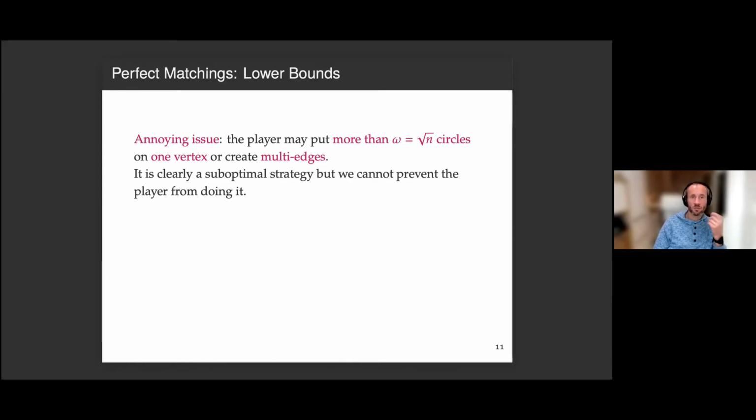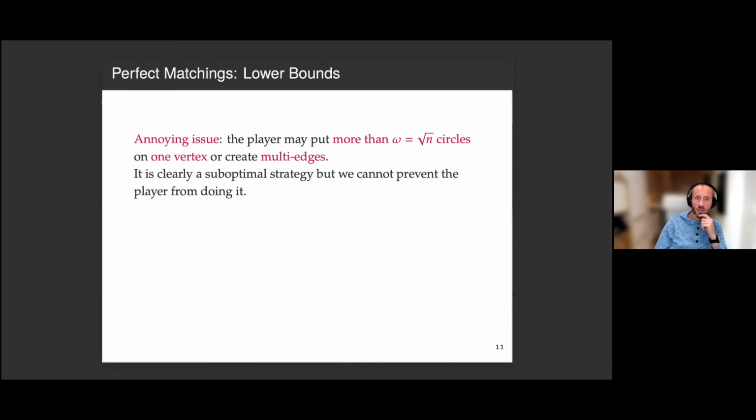But on the other hand, to show the lower bound, you have to show that no matter what the player is doing, the player will not be able to achieve the perfect matching, right? So how do we do that? This clearly silly strategy is destroying our argument.